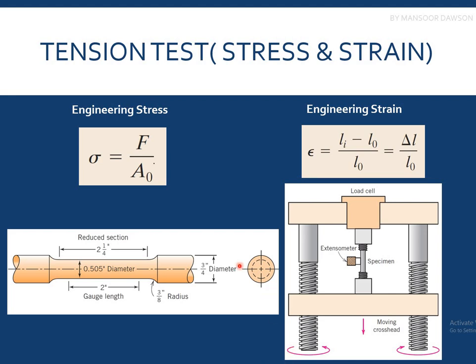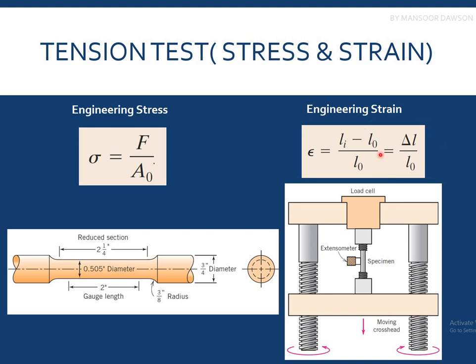When we apply a force on this specimen's area, a stress is generated. That is called the engineering stress. That stress is the ratio of force and cross-sectional area, and with that stress a strain is also produced. The strain is the ratio of change in length upon the original length.